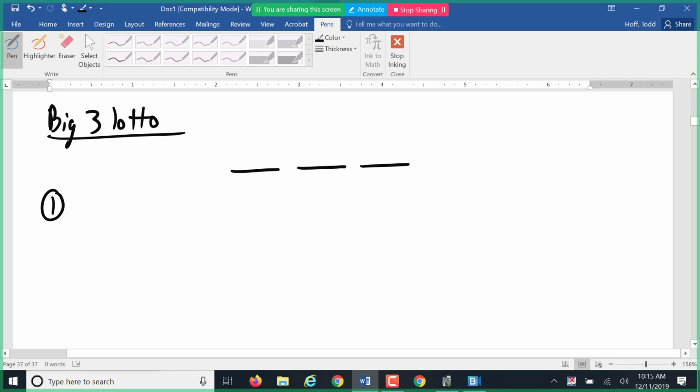We're using the ping pong balls, but numbers are chosen from 3 separate tumblers, or whatever we want to call it. We'll just say 3 separate bins. And you must match them in order.